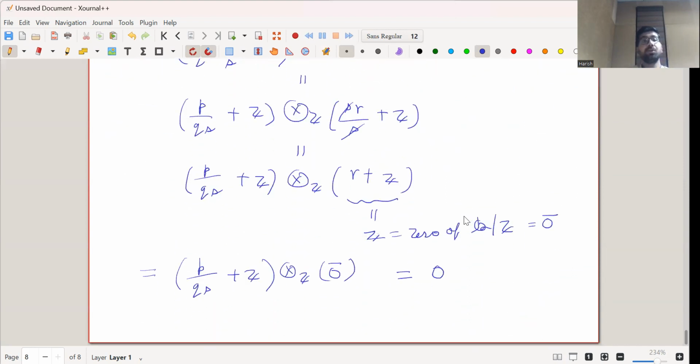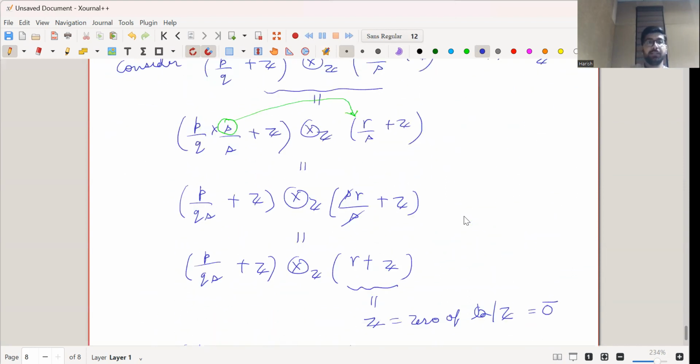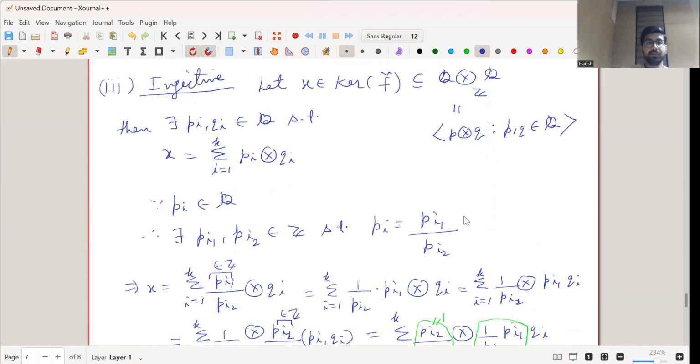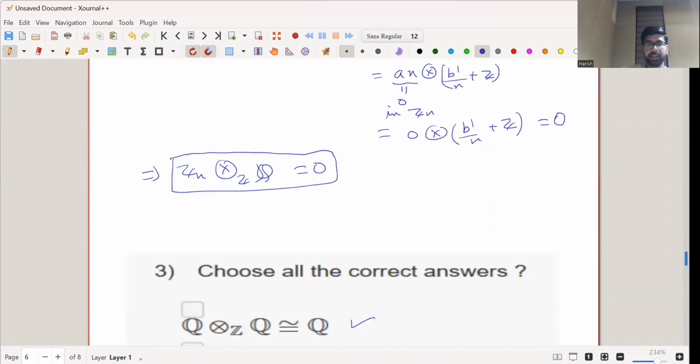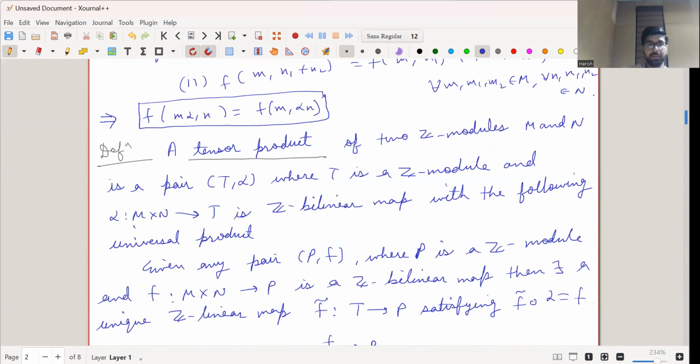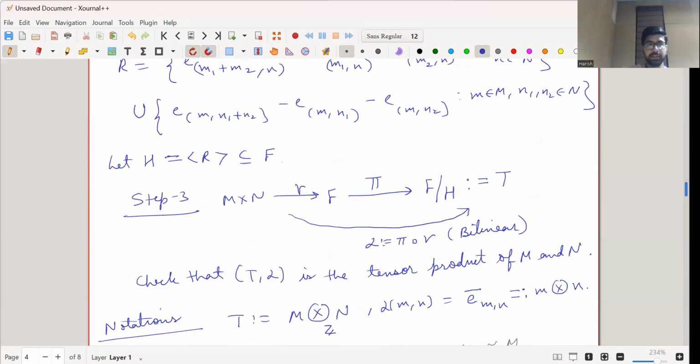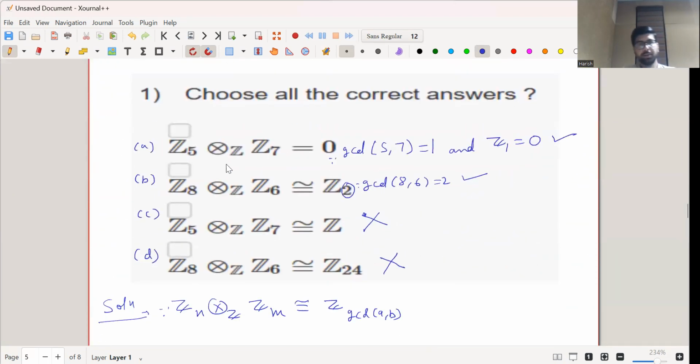And that's also not true always, that if you take the tensor product of two Z-modules in which every element is of finite order, then you would get 0. No, because we have already seen in the first example that Z_m tensor Z_n is Z_gcd(m,n). So here Z_8 tensor with Z_6 was Z_2, not 0.